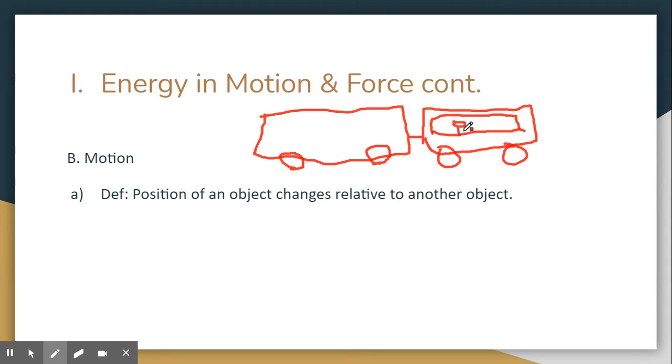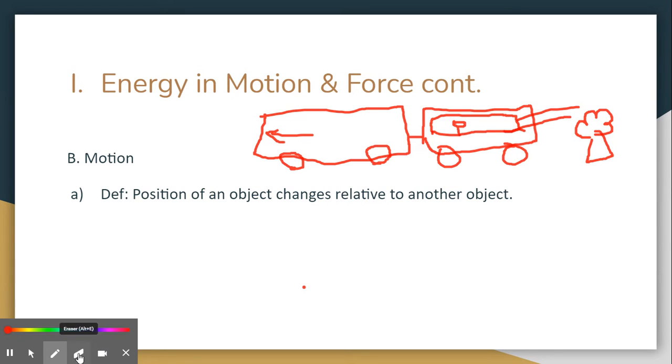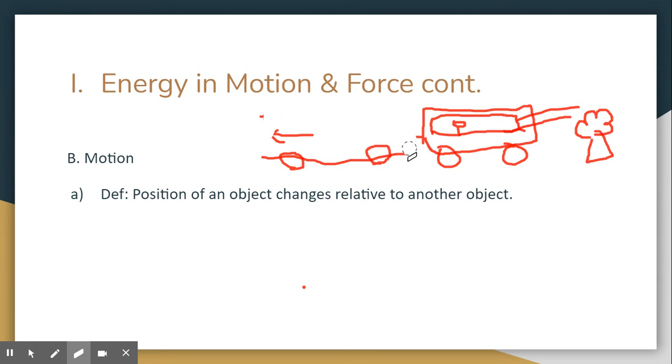So relative to the train, there's no motion. But if there's a tree over here, you are moving this way. So you're moving relative to the tree. You would have motion as you fly by in your train. So that's what motion is. It's relative from one object to another.